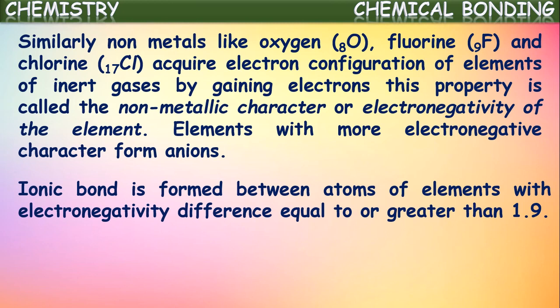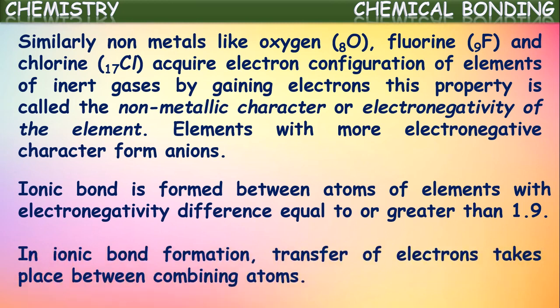The atom with greater electropositivity will lose electrons, and the atom with greater electronegativity will gain those electrons, and thus oppositely charged ions are formed and an ionic compound will be formed between those. So to form an ionic compound, there should be an electronegativity difference between the two elements greater than or equal to 1.9.